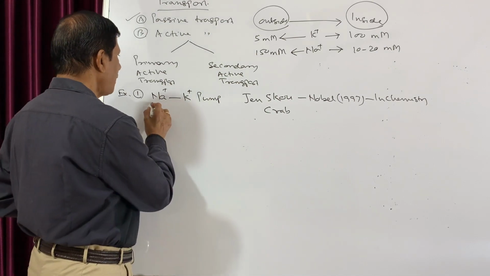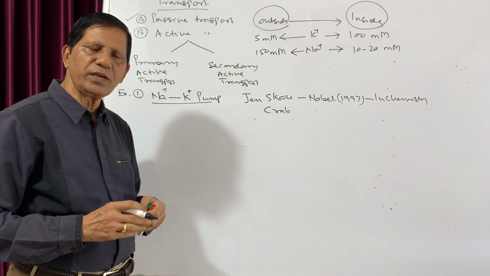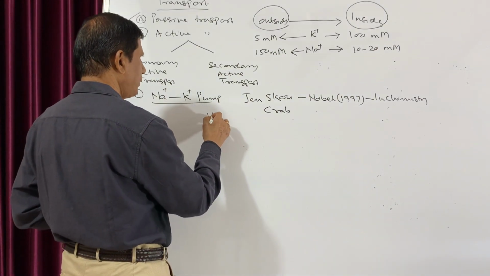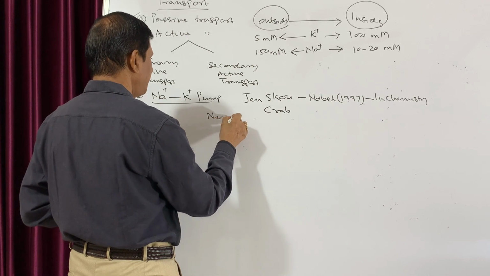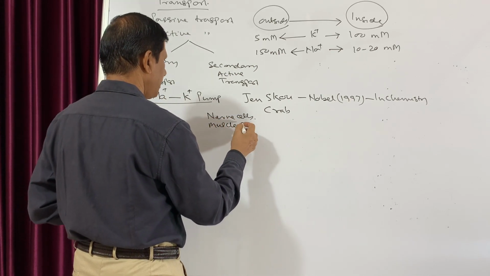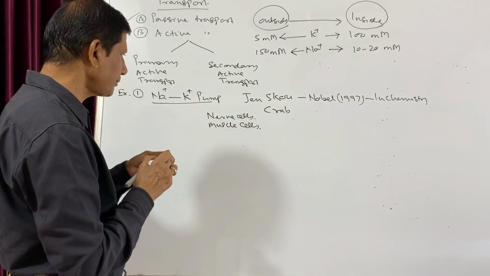So what is the sodium potassium pump? The sodium potassium pump operates in most mammals, and it usually operates in nerve cells and also in muscle cells. These are the common examples.